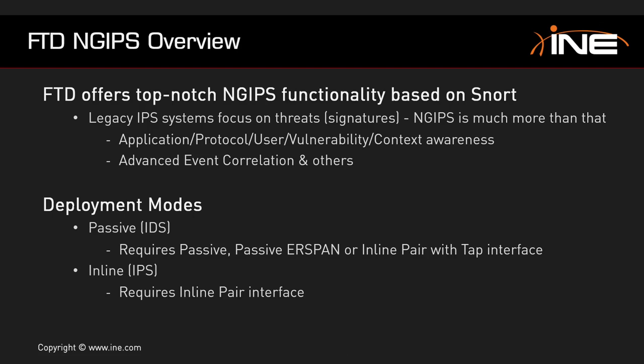But again, the passive and inline types of deployment are for when you are looking for pure next generation IPS. As I explained in one of the previous videos, some people might prefer such a mode because you will get more resources for IPS functions. Maybe you have other appliances that are running as firewalls, and you just want to separate these two responsibilities.